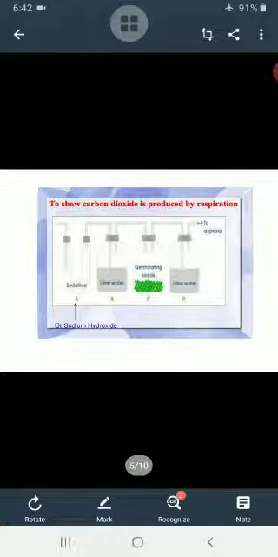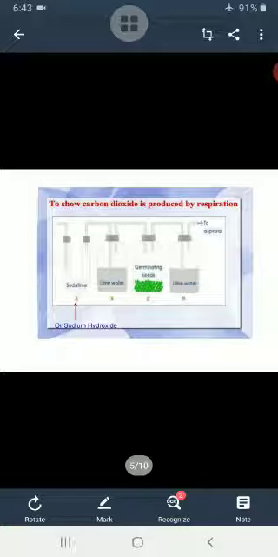Here we have an experimental setup to explain that carbon dioxide is released during respiration. You have to soak some pea seeds in water overnight. Next morning, drain the water and keep the seeds moist until they start germinating. Now we have to set the apparatus.